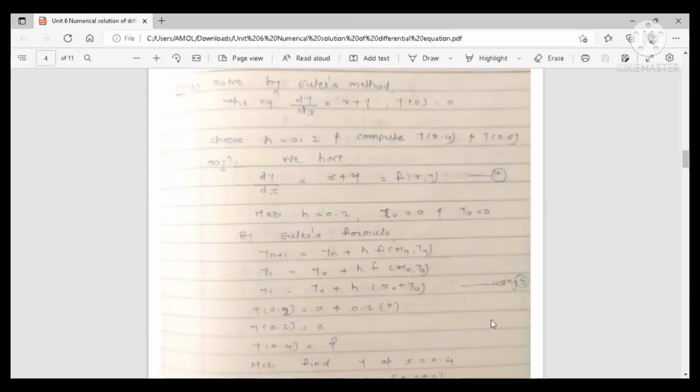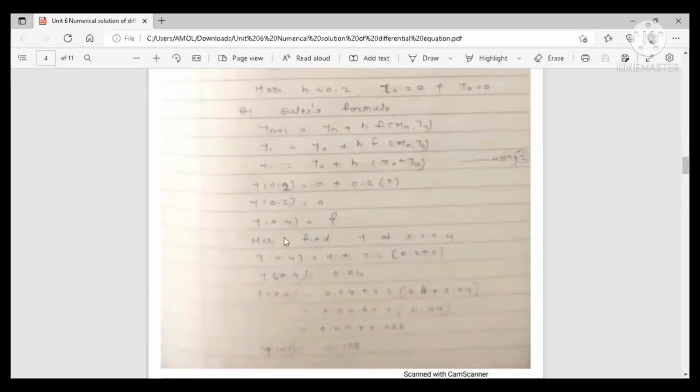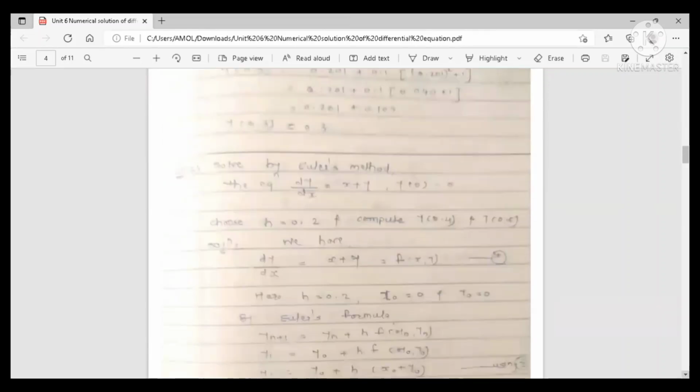And then in the next step, you add x1 plus h. X1 in the first step is 0.2, plus h, 0.2 plus 0.2, 0.4. And then you'll get the value of y at x is equal to 0.4. So in the second step, you will get your answer. You have to go step by step because of the value of h. The value of h is not 0.4 here, otherwise you would get your answer in one step.